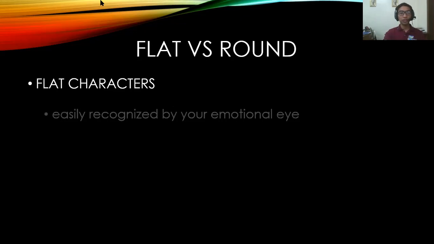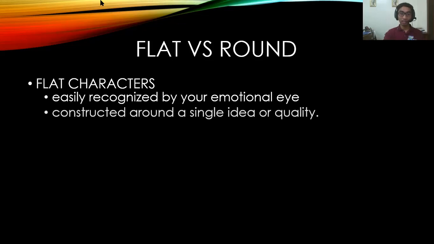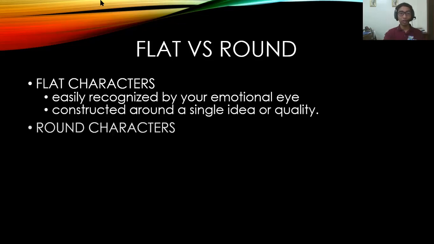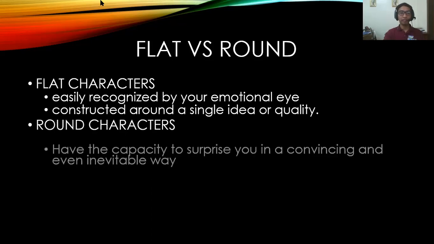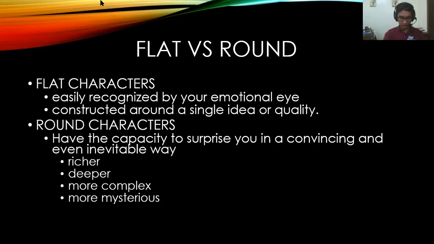Flat characters are easily recognized by your emotional eye, constructed around a single idea or quality, while round characters have the capacity to surprise you in a convincing and even inevitable way. They are richer, deeper, more complex, more mysterious, more unpredictable than flat characters.